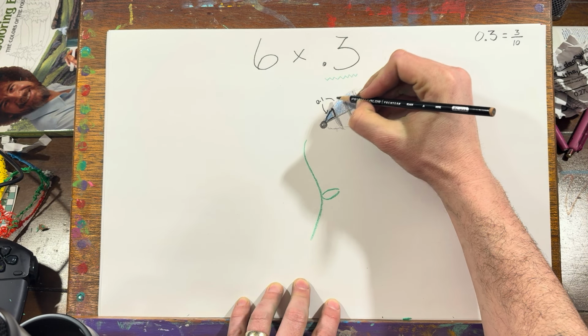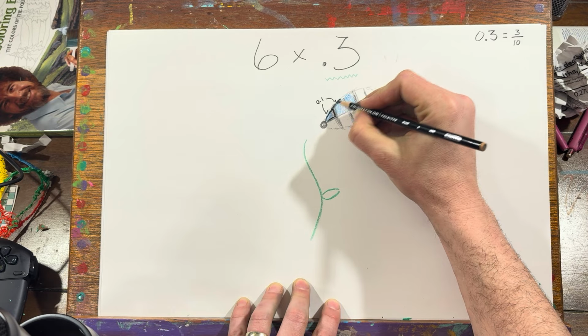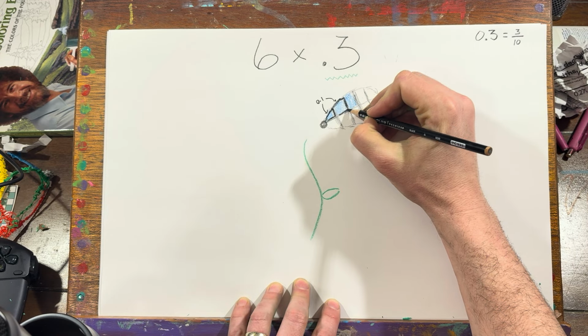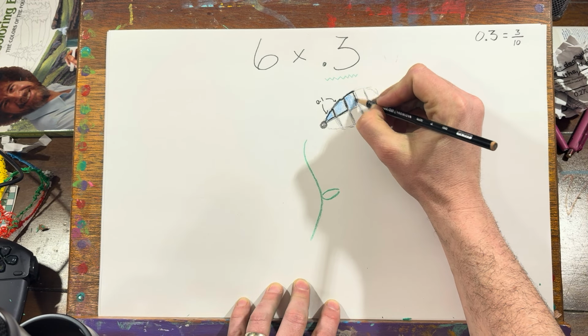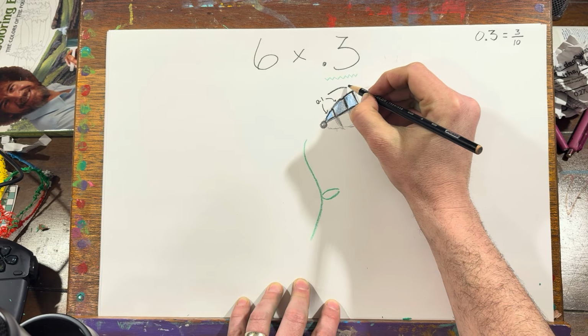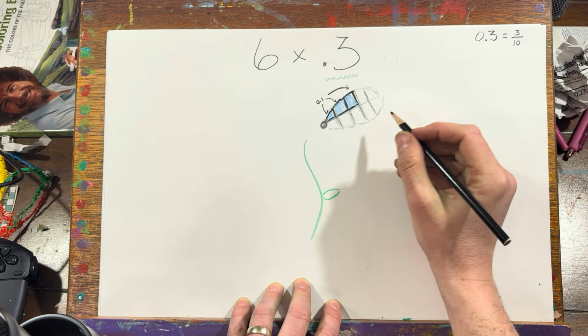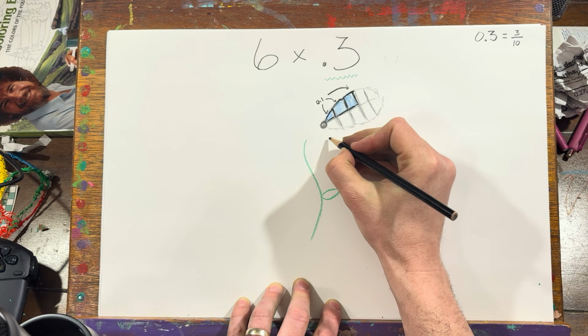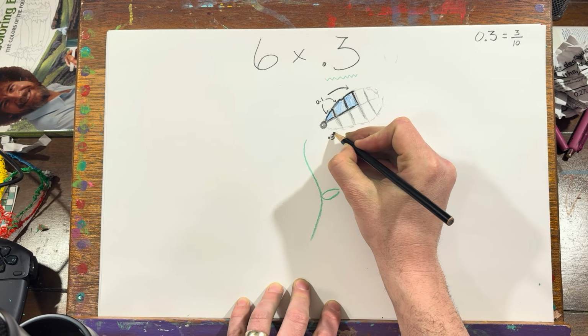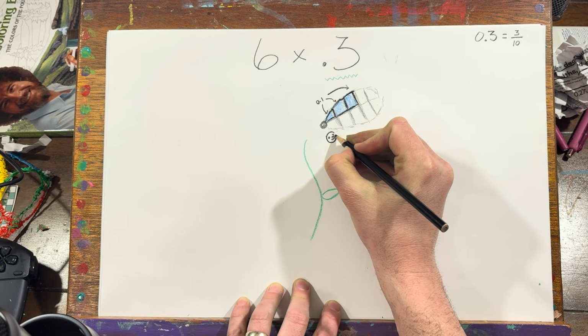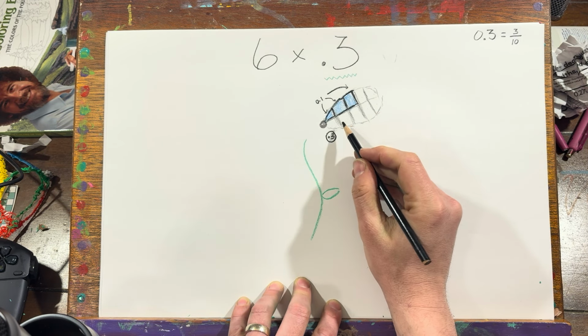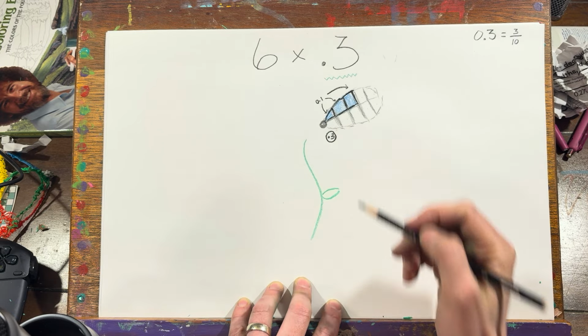This piece is 1/10. And this piece is also 1/10. So together, this flower has 3/10 of a petal on it. It's less than one whole petal. It's 3/10 of a petal.